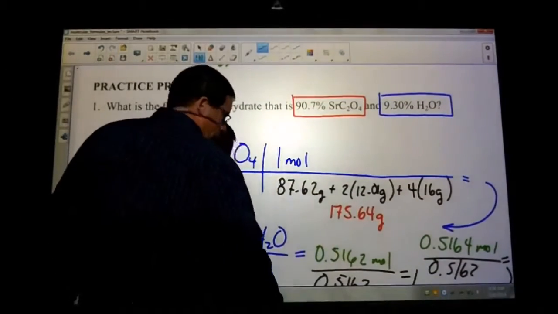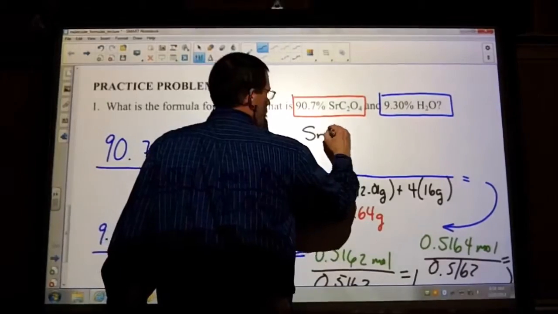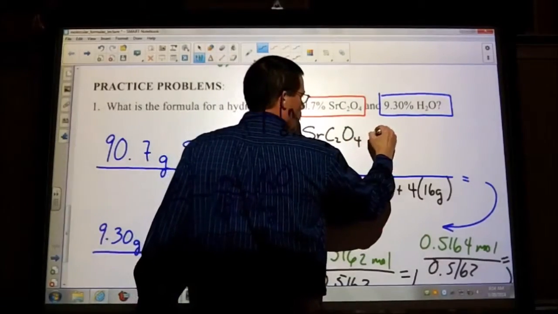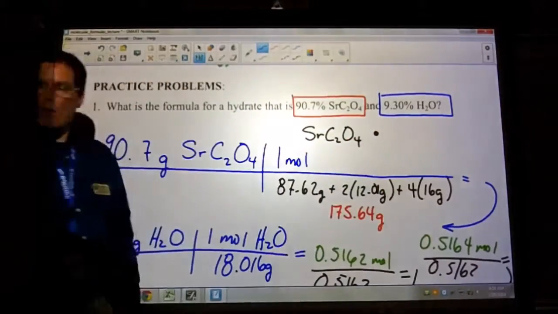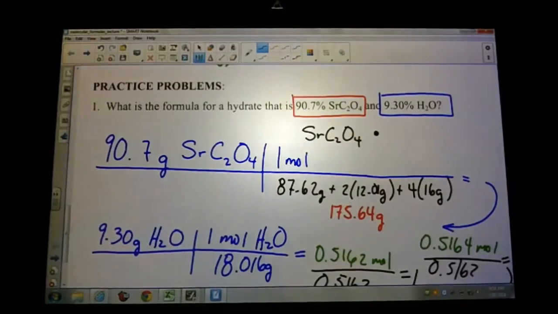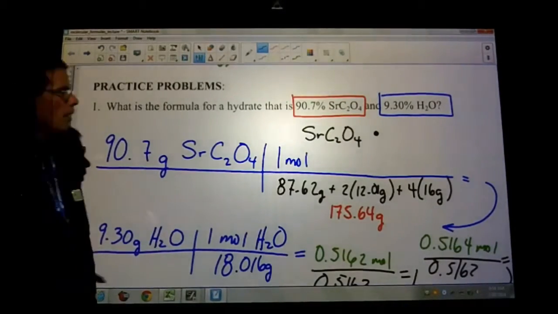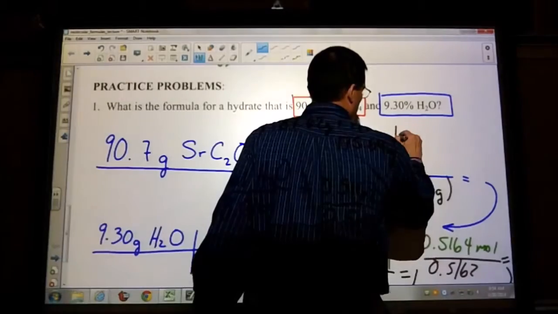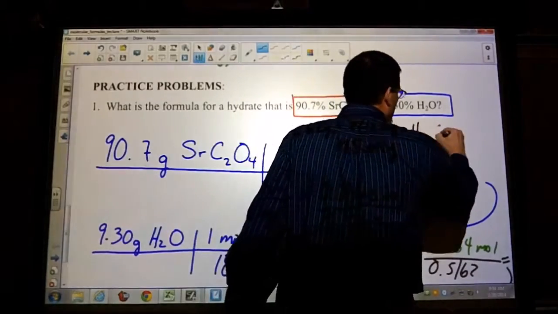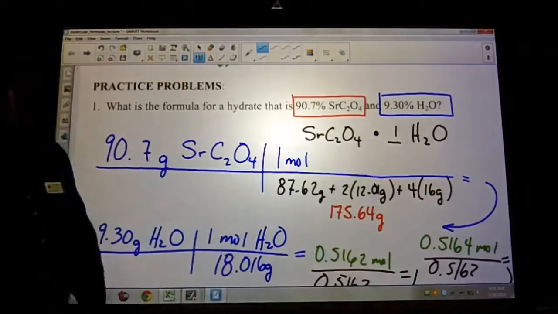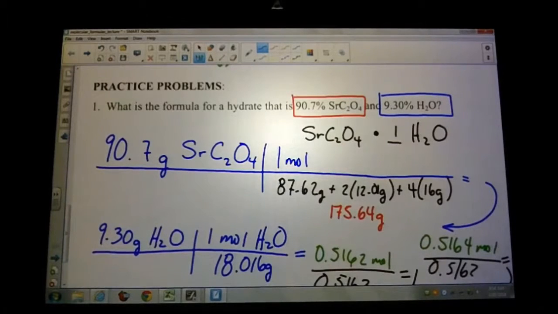Let's say that I'm writing my formula, it's SrC2O4, and then put this dot there. That represents that you have a water molecule chemically attached to it. And then what is our ratio? 1 to 1. So I'll actually put that coefficient of 1 there. You don't have to. If it's a 1 to 1, you don't have to, but I will do that.